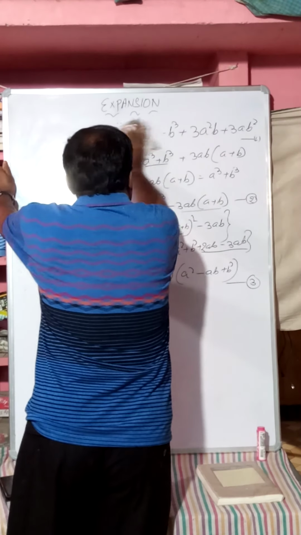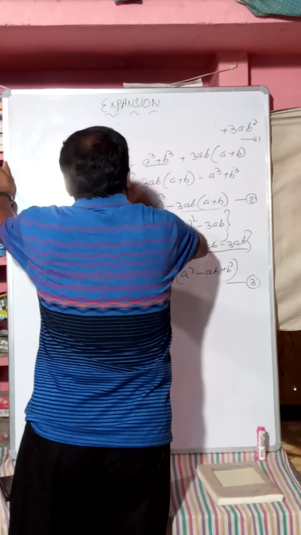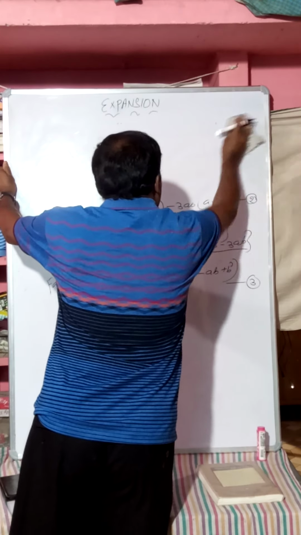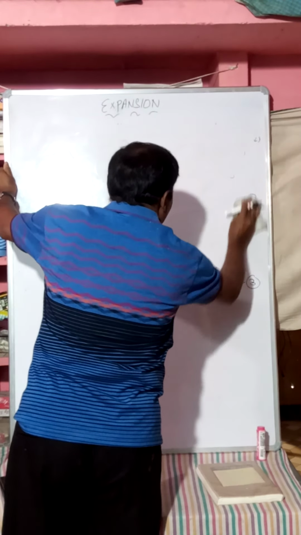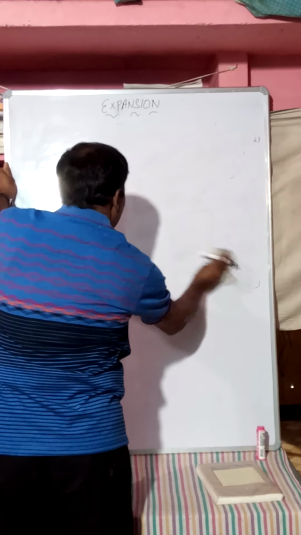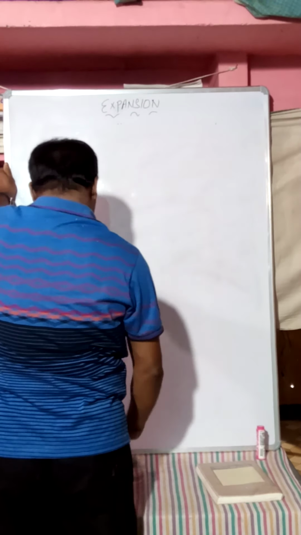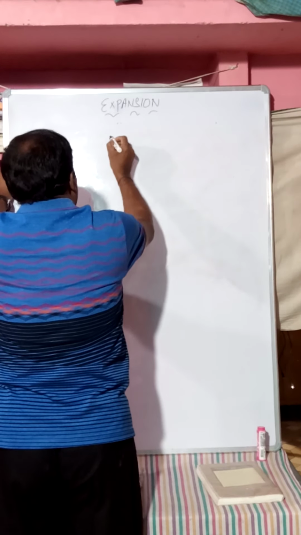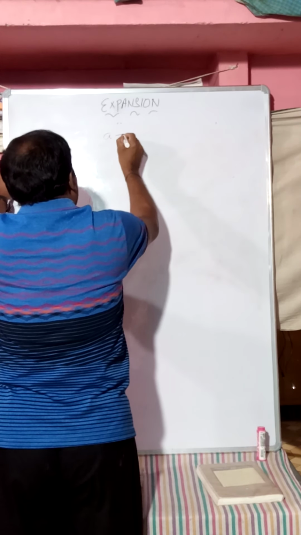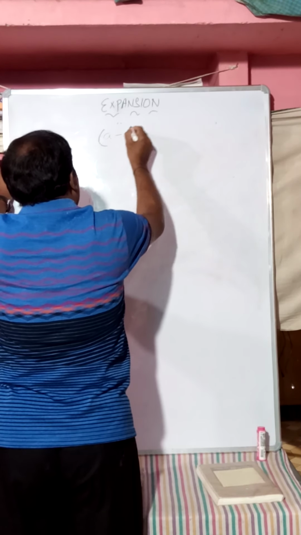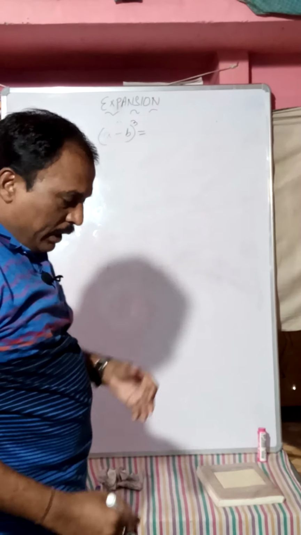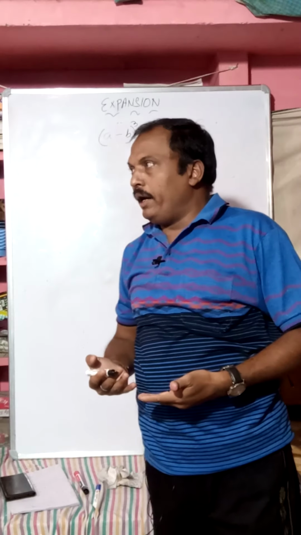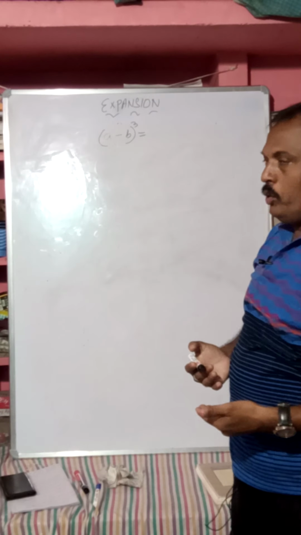Now I will erase the whiteboard and we will go for (a minus b) whole cube. (a minus b) whole cube is equal to, we already explained how we can find (a plus b) whole cube.